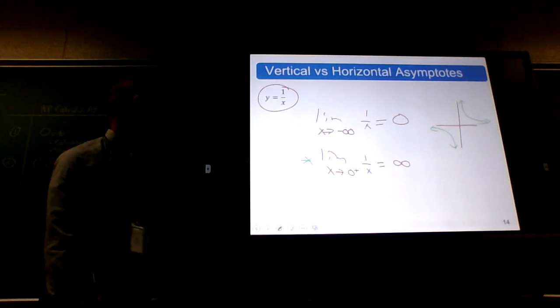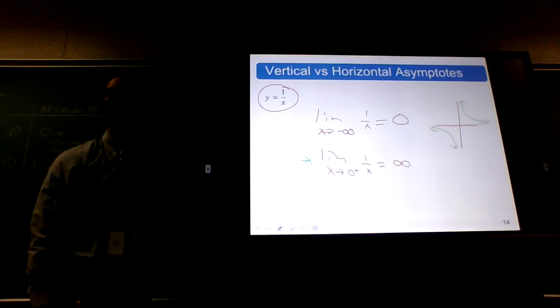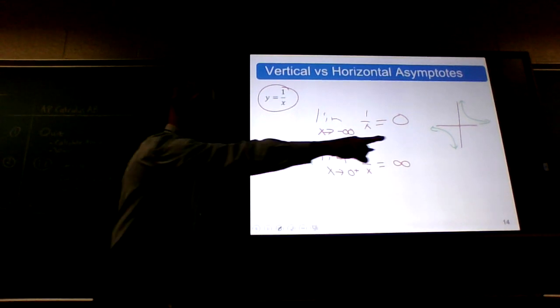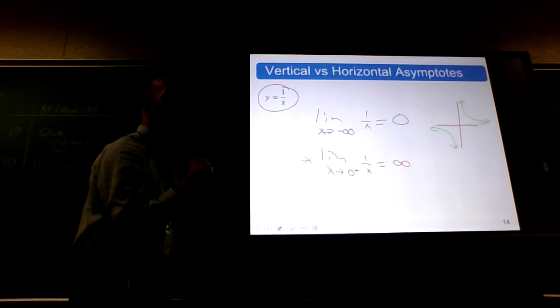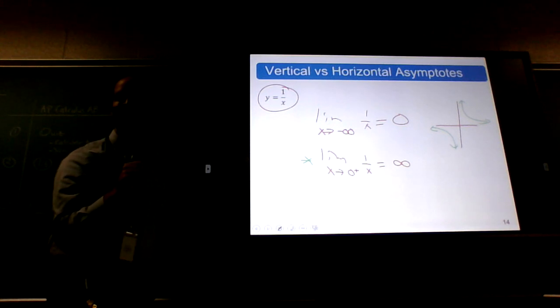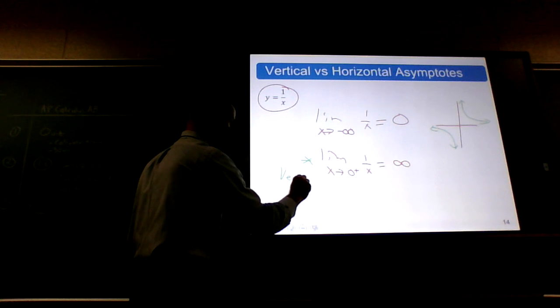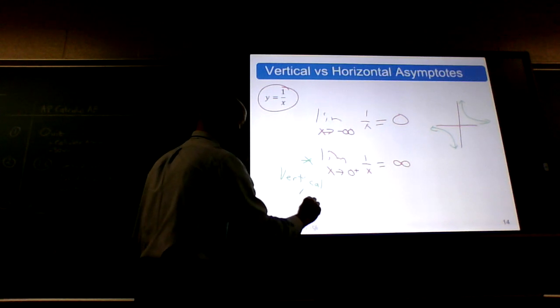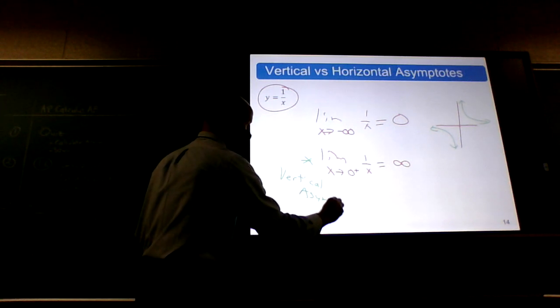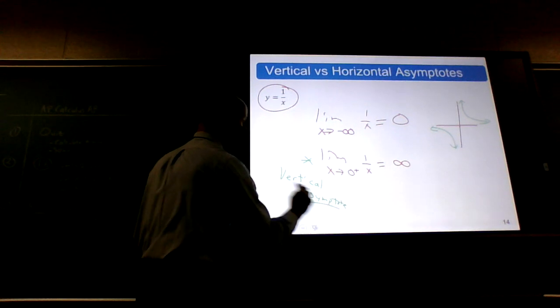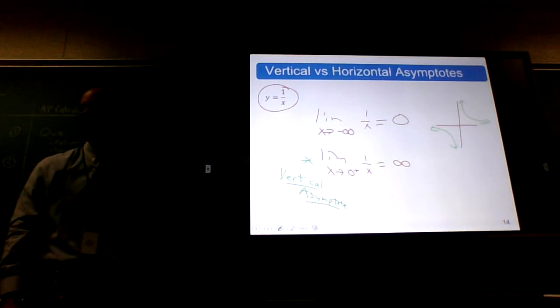You're right, it's going to infinity. That's what it says. But what does it tell us? Right. So what do we call that? There you go. Thank you. It's a vertical asymptote. That is literally how we define a vertical asymptote, correct?